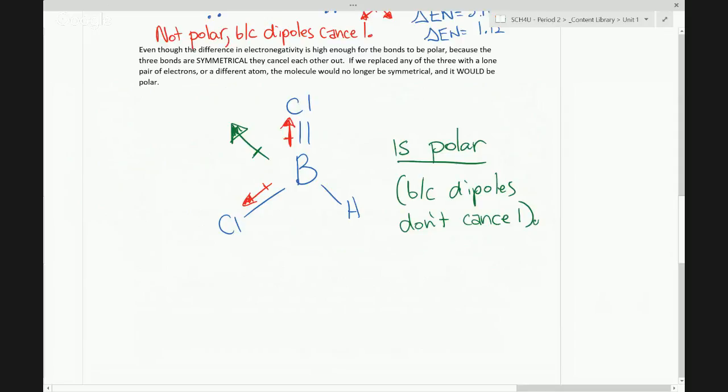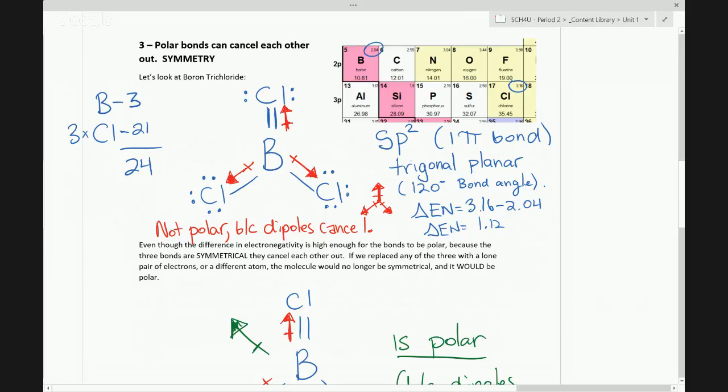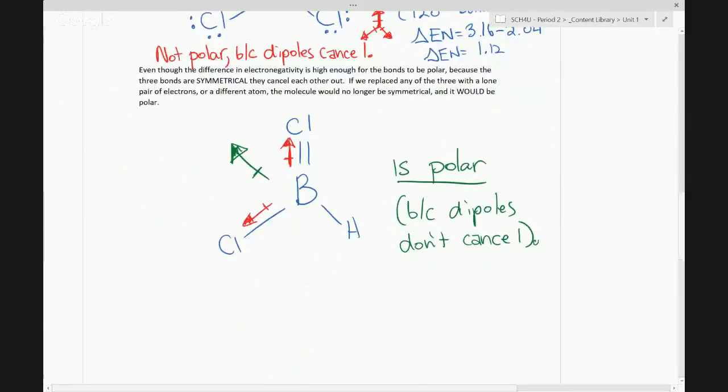And the long and the short of that is, if all 3 of the bonds in this case are to the same thing, then they're going to cancel out. But if 2 of them are to the same thing and the third one is to something different, they don't cancel out. And this also, by the way, could just as easily have been a lone pair of electrons. And if it were a lone pair of electrons, these 2 dipoles would still not cancel out.